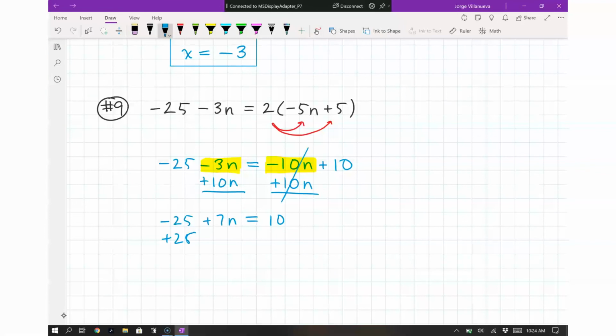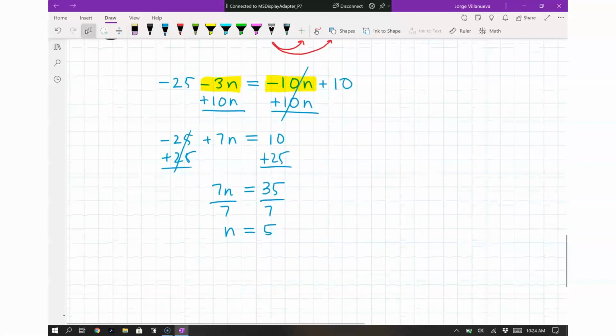This will cancel. 7n equals to 35. If I divide both sides by 7, what's my answer? 5, right? Thank you. I'm hoping you guys had found this answer as we waited. But here you go. Here's our solution.